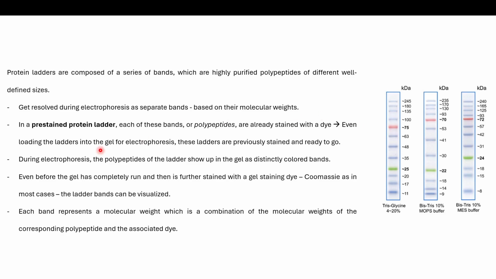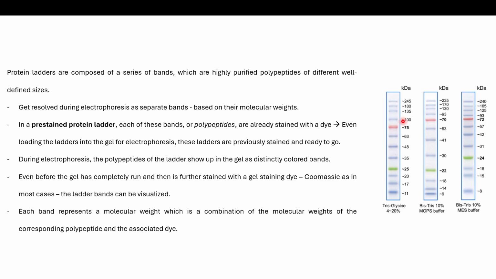So this is the added advantage of having a pre-stained protein ladder. Even before loading the ladders onto the gel for electrophoresis, these ladders are previously stained and ready to go. In case of an unstained protein ladder, like your protein of interest, you have to stain it first and then visualize.